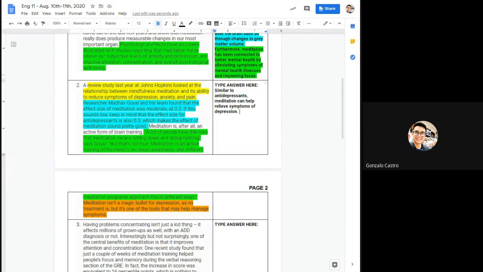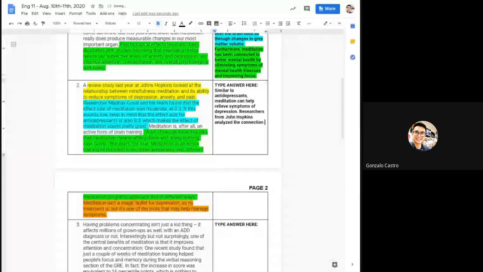So what's in yellow? In our own words, we can start with researchers from Johns Hopkins. We can use the word analyze instead of looked at because we want to change it into our own words. So analyze the connection. I'm using the word connection instead of relationship.